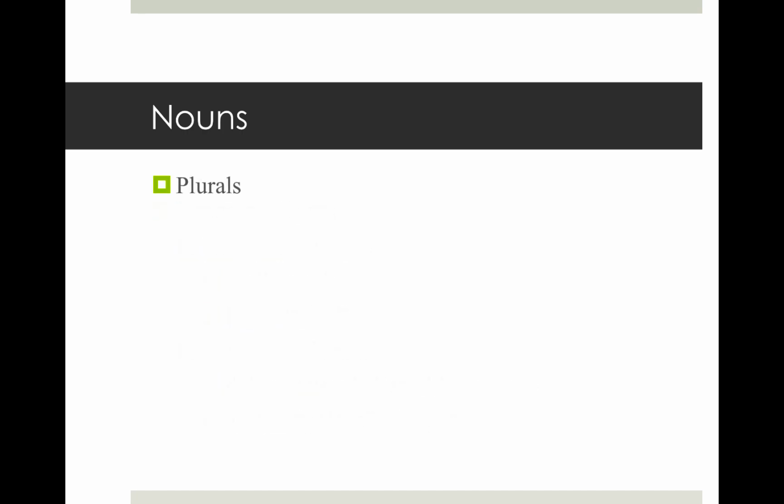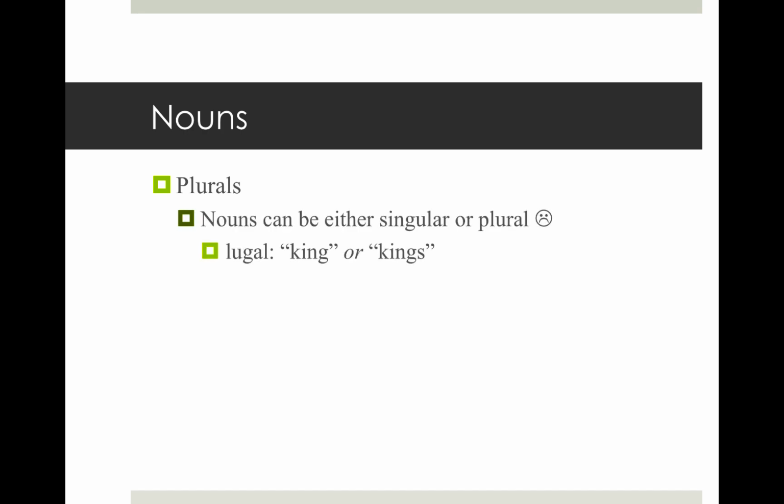Plurals. How do they make words plurals? Well, I'm sorry, but nouns in Sumerian by themselves can either be singular or plural. So lugal, depending on the context, could mean king or it could mean kings. They don't always distinguish whether it's something singular or plural. Now, they do have a way of doing that. They just don't always do it.